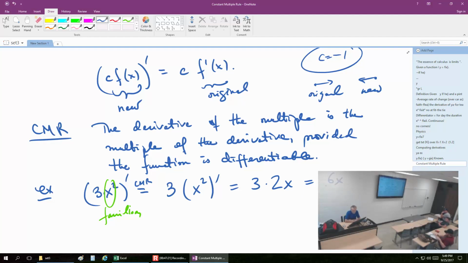So what we're going to do next is get more derivatives, and some of them will unfortunately have to be computed from scratch. Functions such as the exponential function, logarithm, and trig functions, sine and cosine, have to be computed from the definition. So we'll do that next time. Okay.